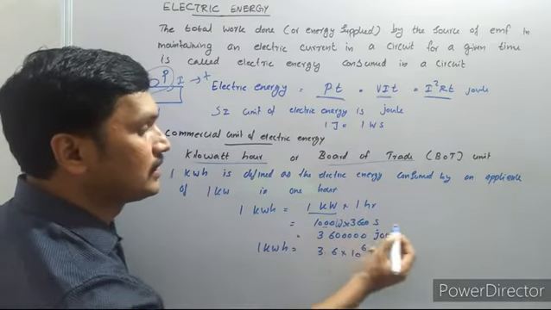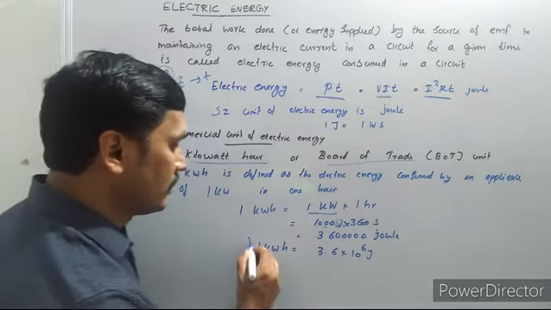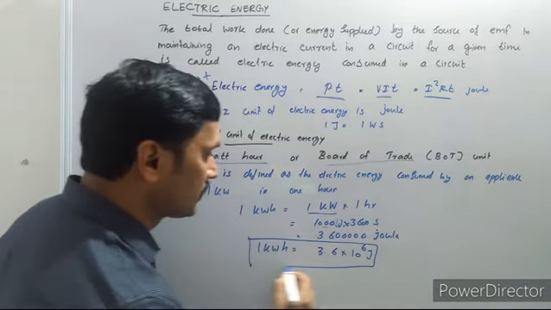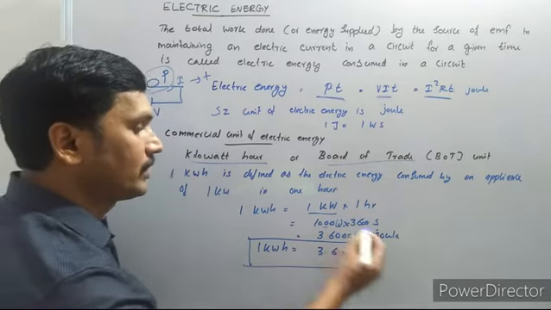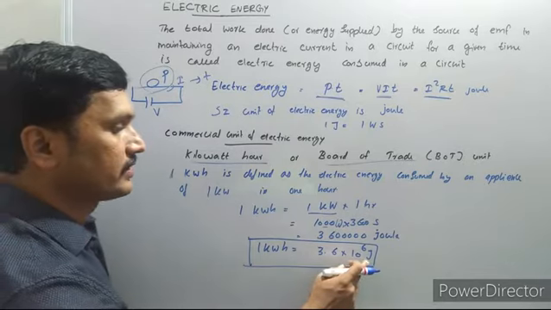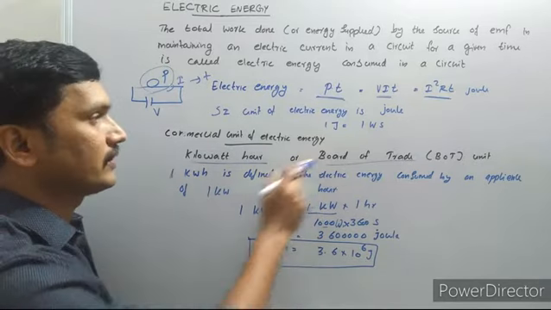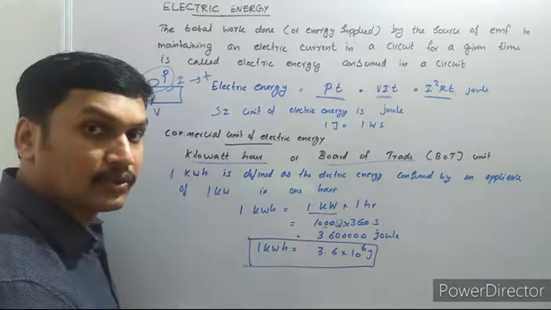So 1 kilowatt hour is equal to 3.6 into 10 raised to 6 joule. That is the commercial unit of electric energy, but its SI unit is joule itself. That's all for today. Thank you.